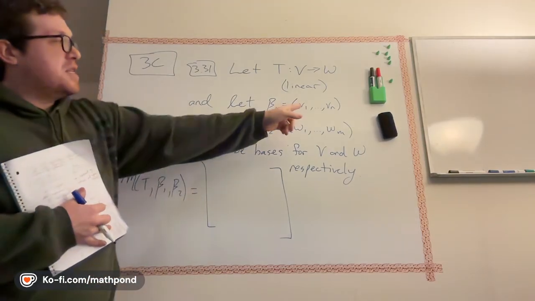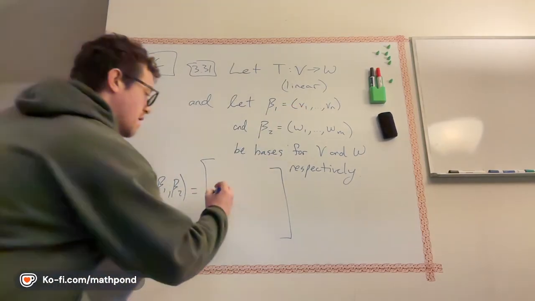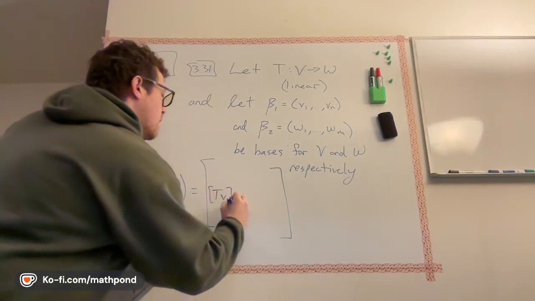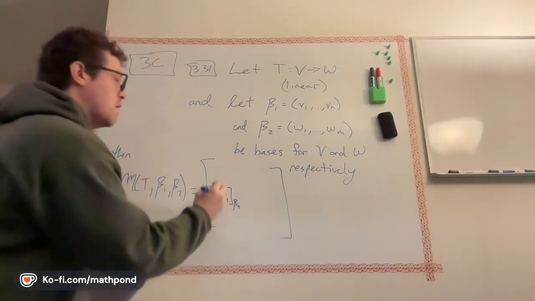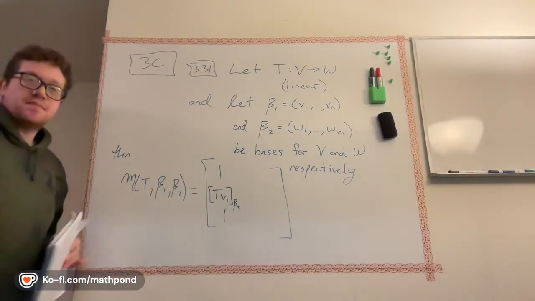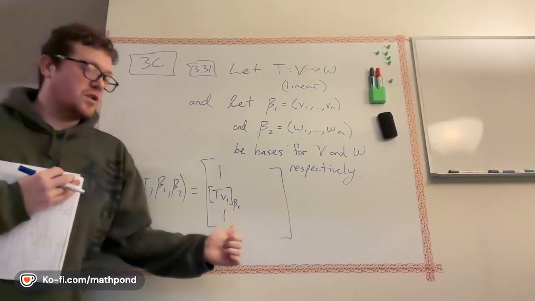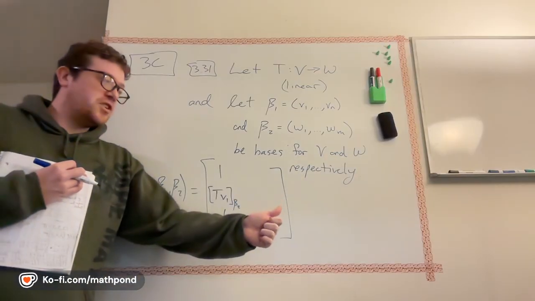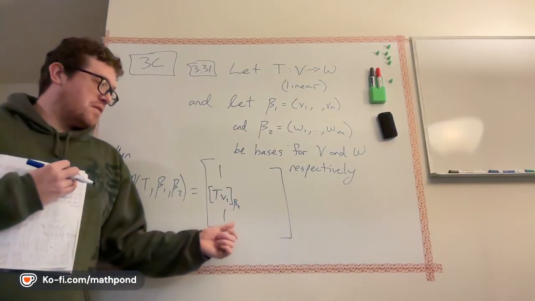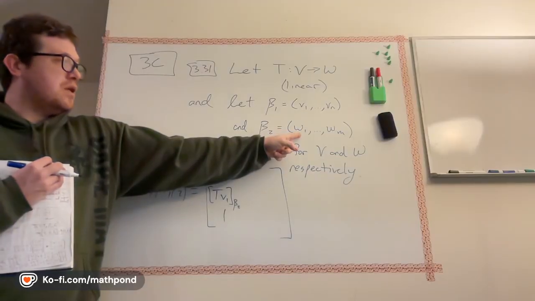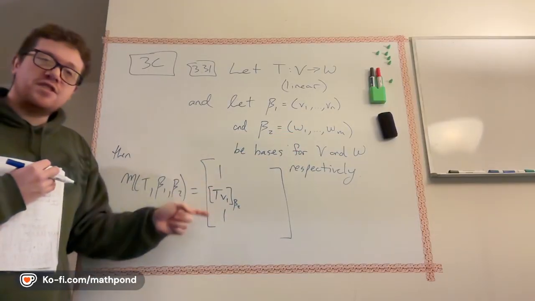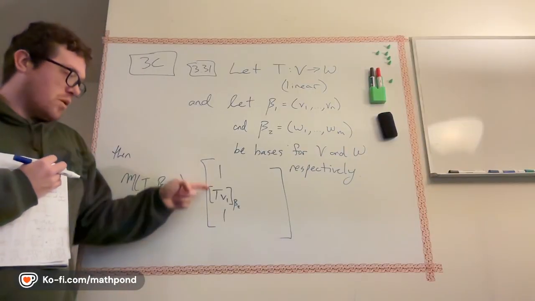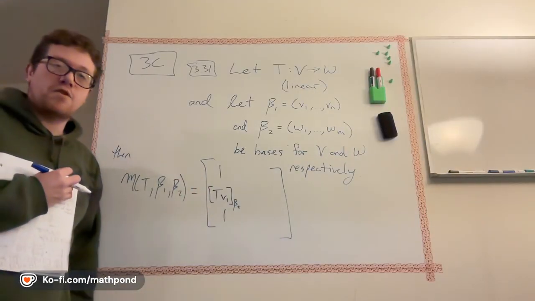So basically we take T of v1 and write it as a coordinate vector. Meaning we take v1, send it through the transformation, and write it as a linear combination of the vectors in the second basis. Whatever those coefficients are, they're coefficients in F, those coefficients go in order as the first column.